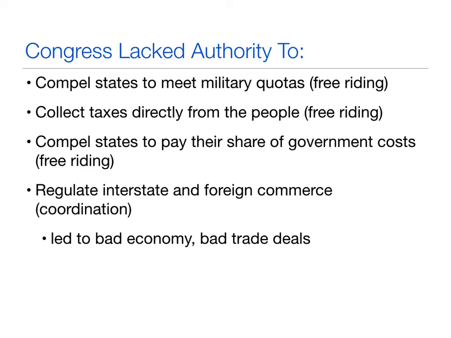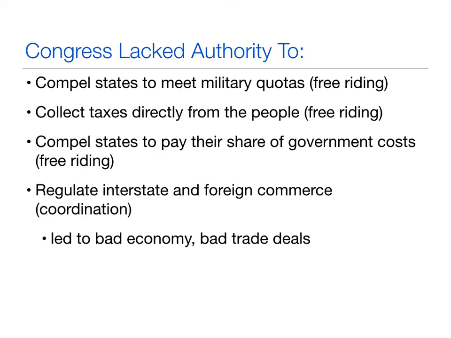Now, while Congress had a number of important powers, it lacked some really important tools of authority. Mainly, it couldn't compel states to actually do what Congress had required them to do by passing the laws. They couldn't compel states to meet the military quotas, which leads to free riding later. It couldn't collect taxes directly from people because, again, they didn't have the power to do so.